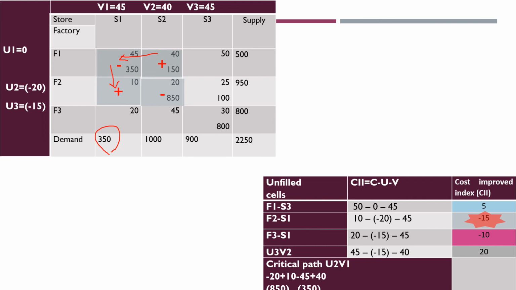Then S2 will be unsatisfied if we transport from this one. So to balance that, we have to transport from F2 to S2. Then when we transport from this one, the F2 row will be unbalanced. Therefore, we are going to transport from another F2 to S2. Likewise, when we are transporting, we should remember that we have to balance the quantities and demand in each column without harming any effect.